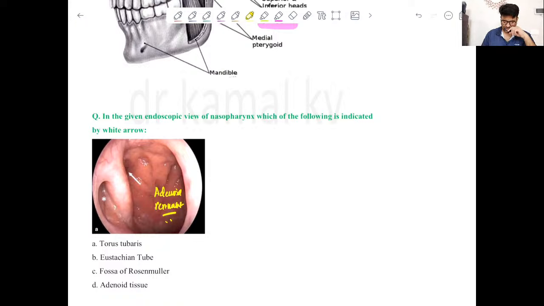Now here you can see one opening, and this opening is the Eustachian tube, right? So this is the Eustachian tube, clear? And then this one is the fossa of Rosenmuller, and I think most of you must know its importance in terms of nasopharyngeal malignancy.